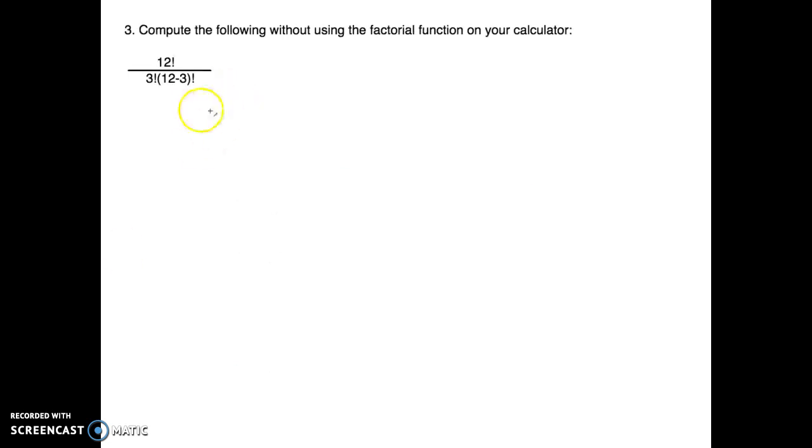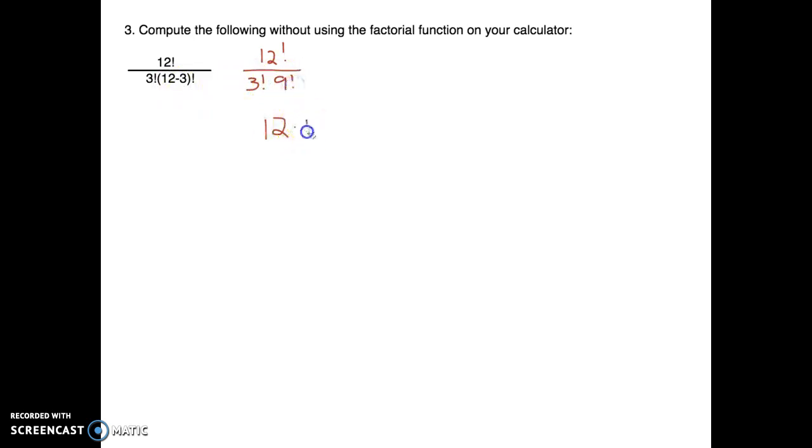Okay, the next one, 12 factorial on the top. Actually, before I do that, let's simplify a little bit. So 12 factorial, then on the bottom, we'll have 3 factorial, and then in parentheses, 12 minus 3 is 9, so we'll have 9 factorial.